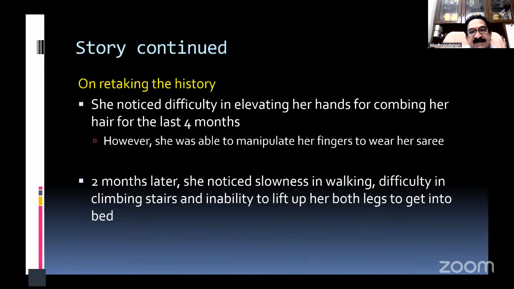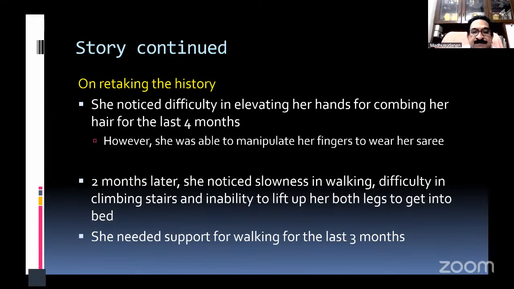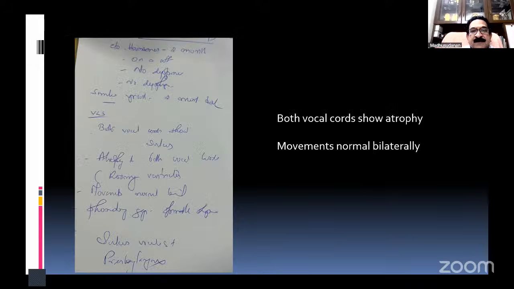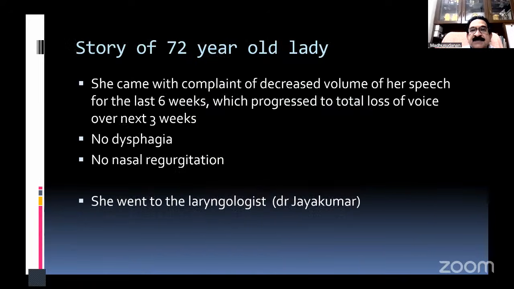2 months later, she noticed slowness in walking, difficulty in climbing stairs, and inability to lift both her legs to get into the bed. That's the story. She needed support for walking for the last 3 months. Going back to the history once again, the first complaint was hoarseness and low volume of speech for 6 weeks.